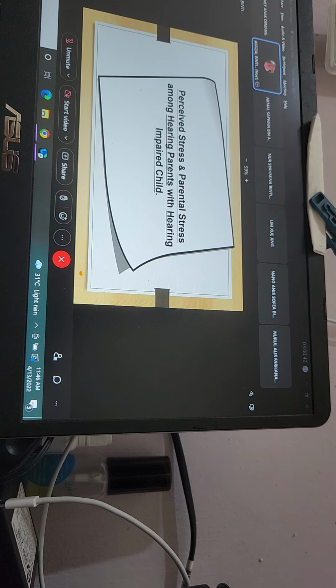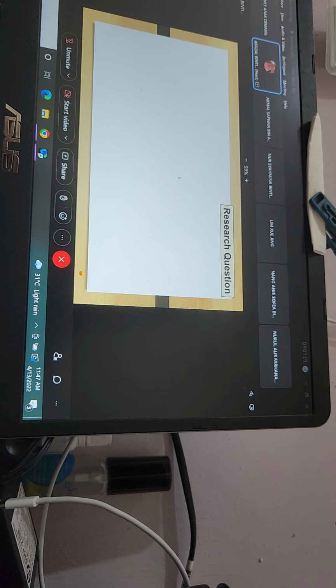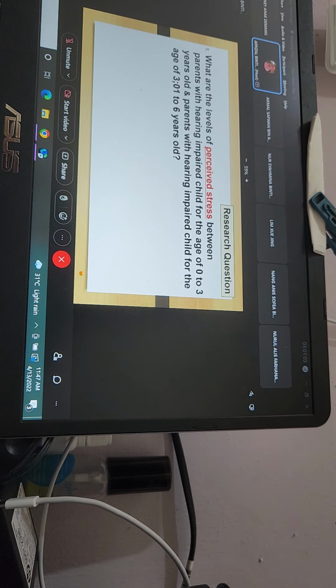The participant is the parent, the hearing parent with a hearing impaired child. Meaning that this parent has a child who is hearing impaired. This is my participant. This is the variable that I want to test. I developed the research question. My student developed the research question. This is his research question. What are the levels of perceived stress?